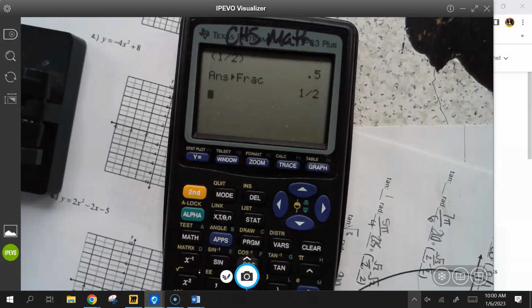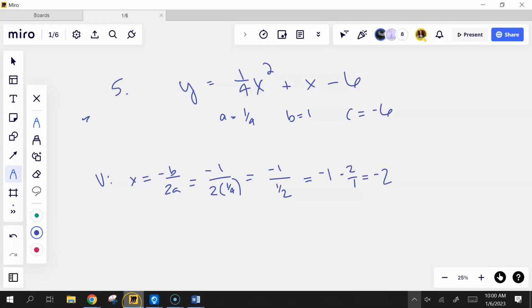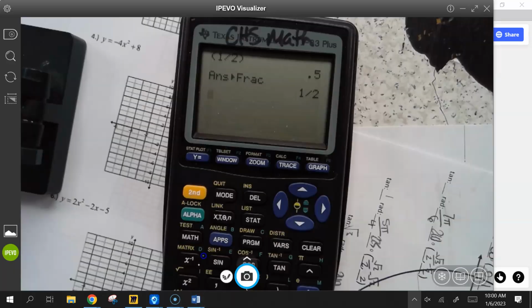Now let's look at this one that we just did. This is a simple example, but if I want to do -1 divided by a half, I'm going to do -1 divided by, and then I'm going to put that 1/2 in parentheses because it's in the bottom.